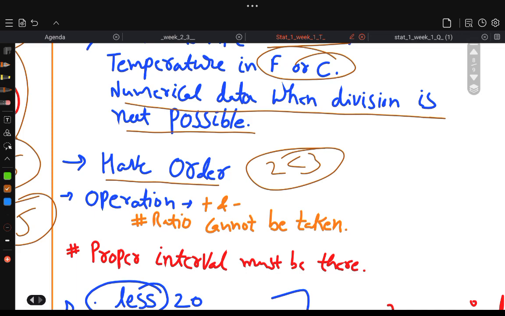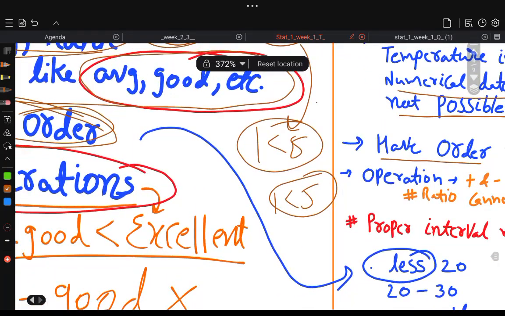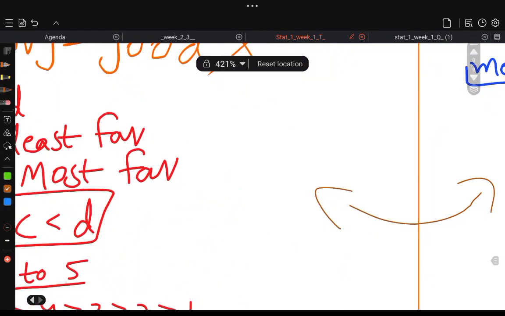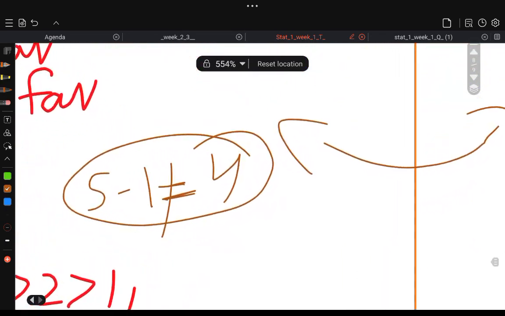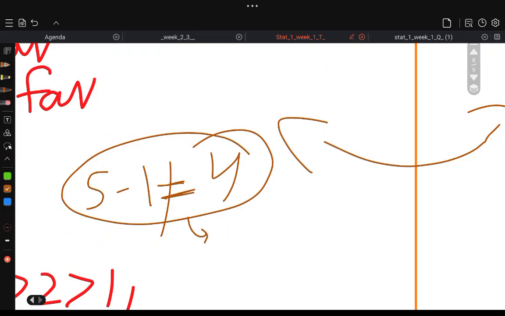And basically in the ordinal one, we cannot say the food rating for 5 minus 1 is 4, right? We cannot say this, as it is a food rating, not a number. The rating is represented by a number, but it does not represent a number, right? Like 5 is greater than 1, so a food rated 5 will be excellent, but a food rated 1 will be worse.